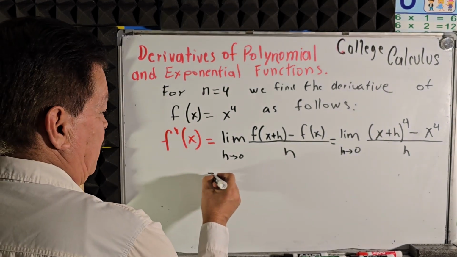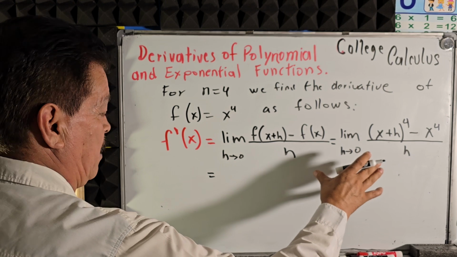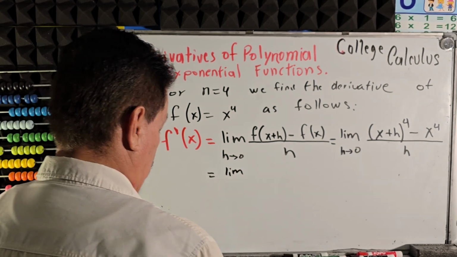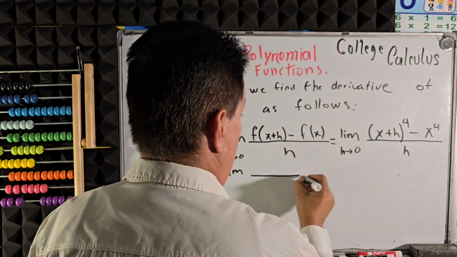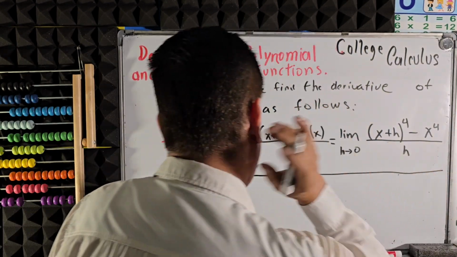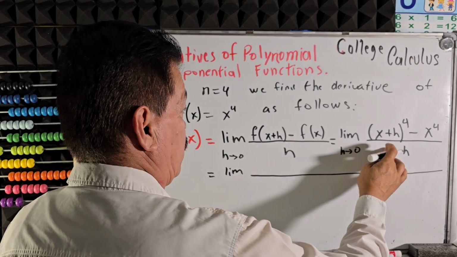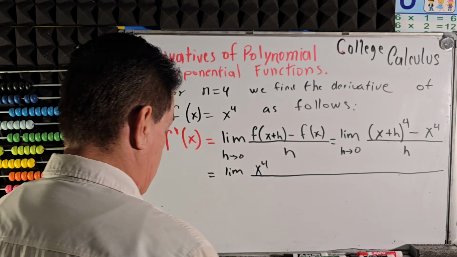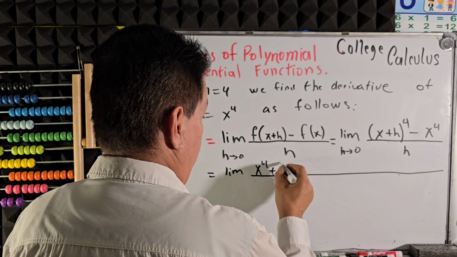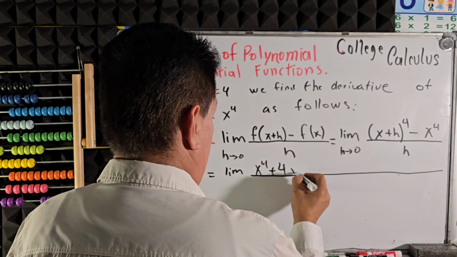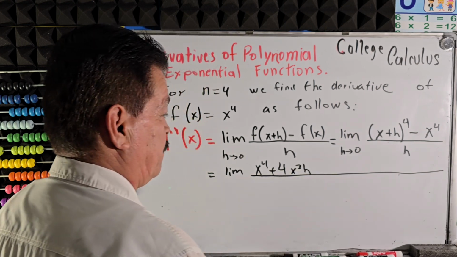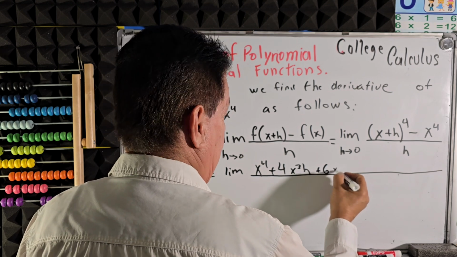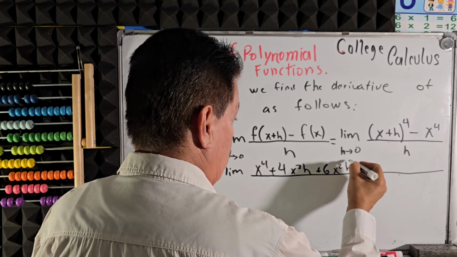Second step, we simplify our problem. So the limit of x to the 4th power plus 4x to the 3rd power h plus 6x to the 2nd power h to the 2nd power.